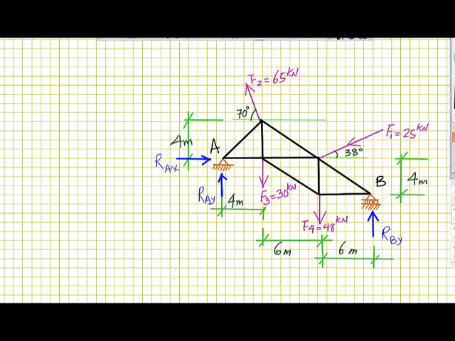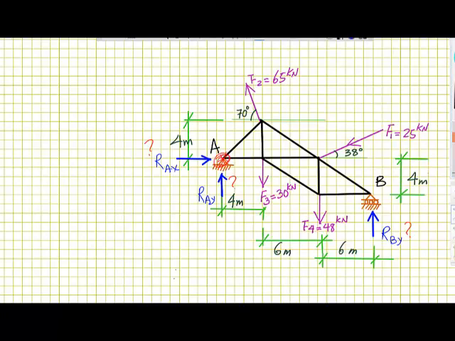So again, as we did before, we have three unknowns: 1, 2, and 3. We said we'll use the equilibrium equations to solve this problem, but we always start by taking the sum of moments about a point where two unknowns intersect.